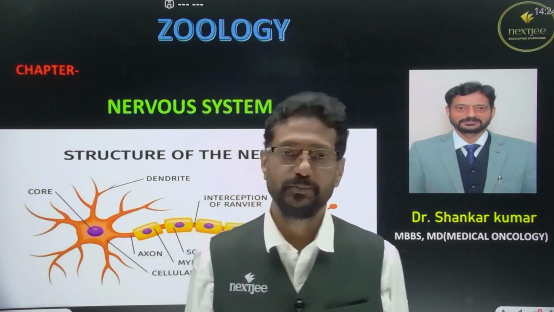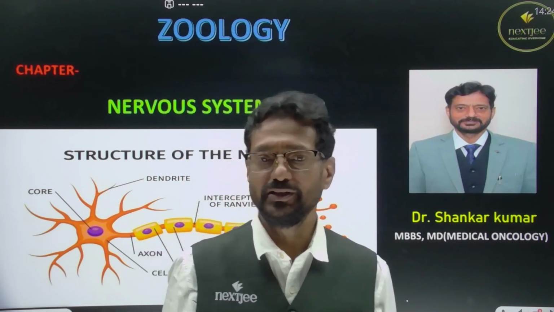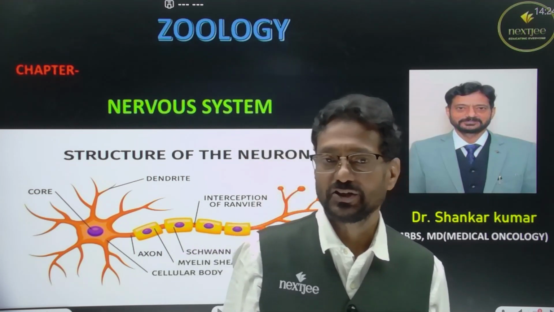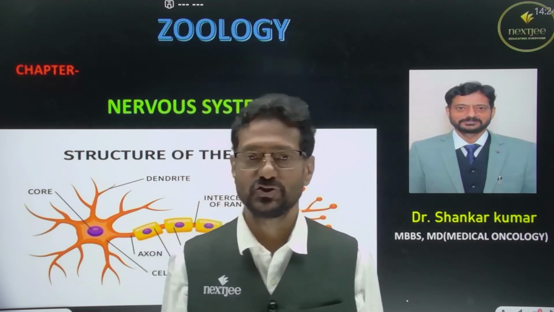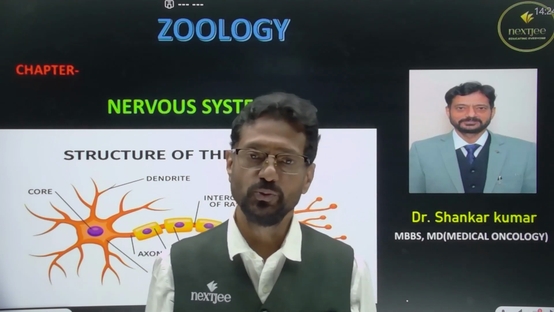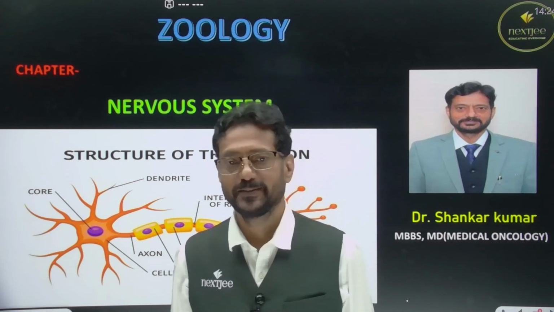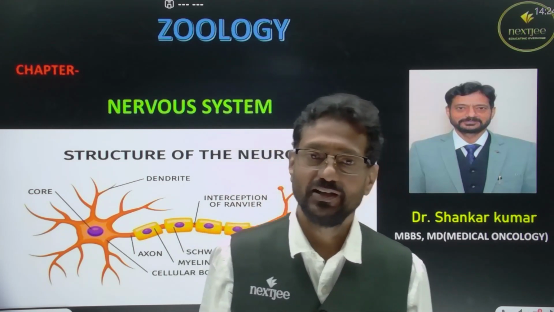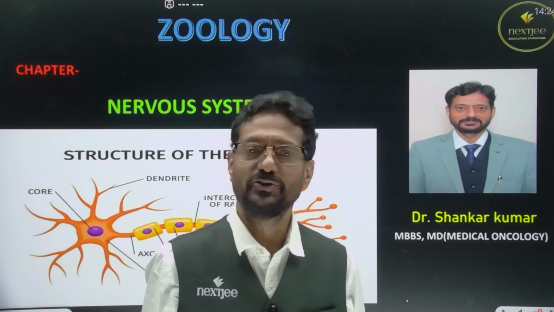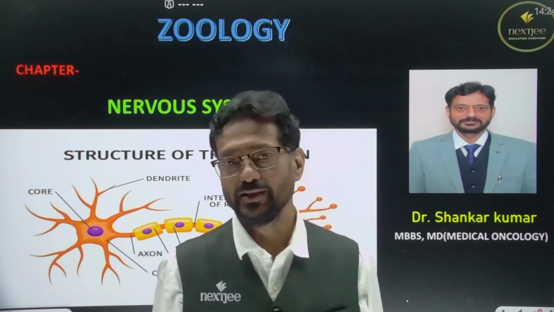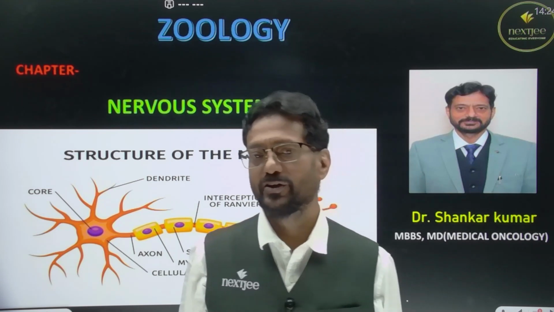Got the point? In this chapter, we'll discuss the structure of the neuron, basically the nervous tissue. The neuron is the structural and functional unit of the nervous system, and it is made up of 3 components: cyton, axon, and dendron.